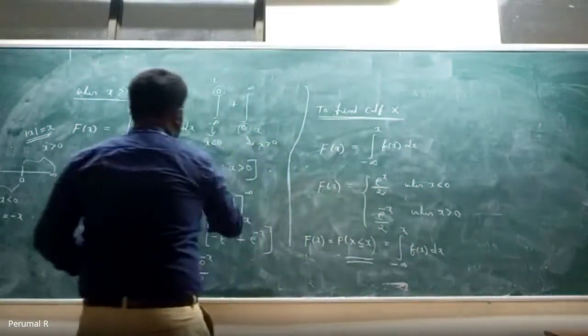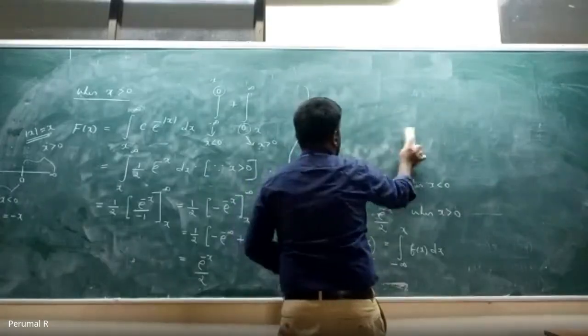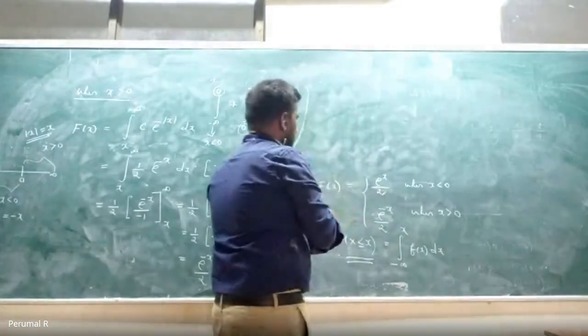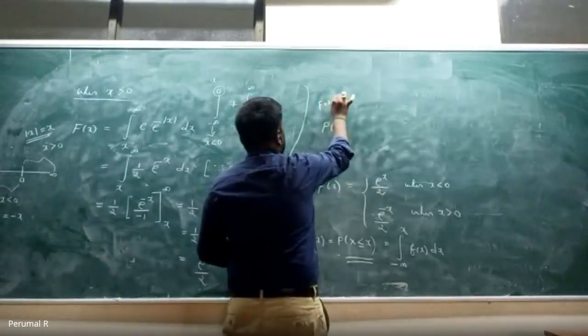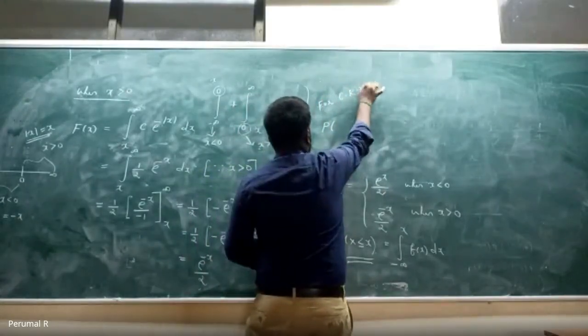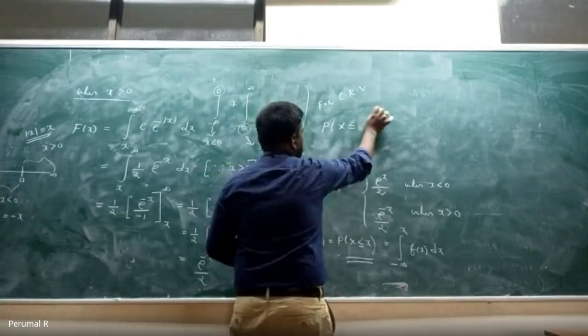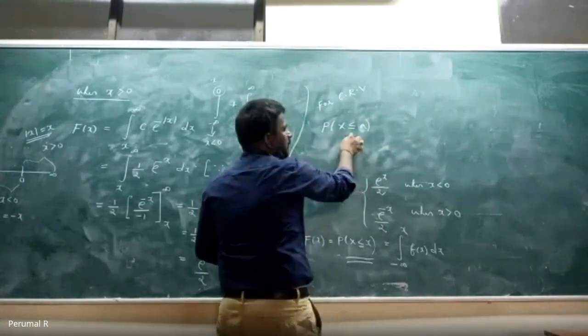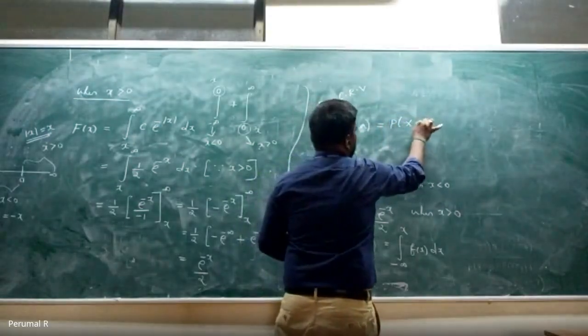For example, for a continuous random variable, the probability of X less than or equal to a should be equal to the probability of X less than a.